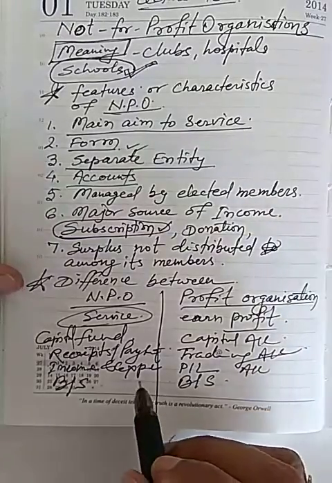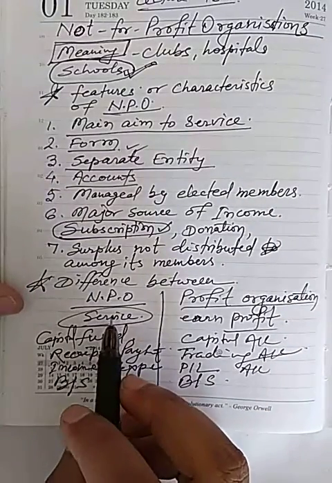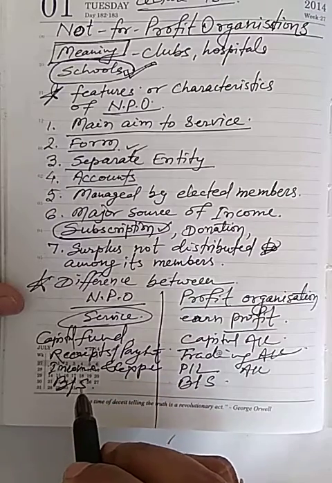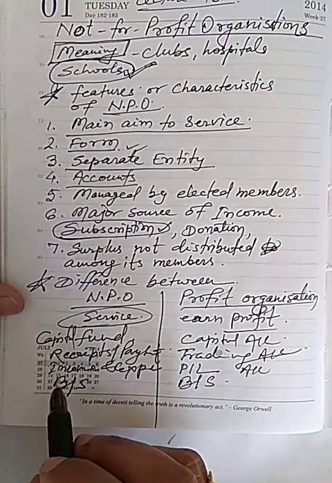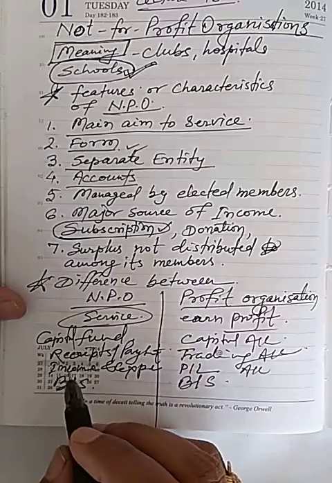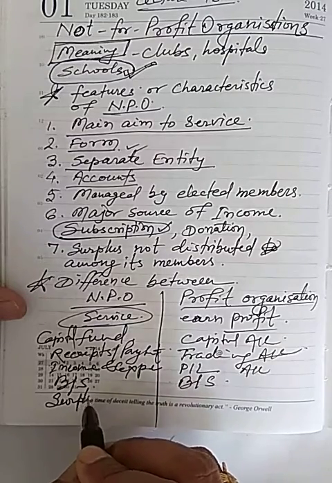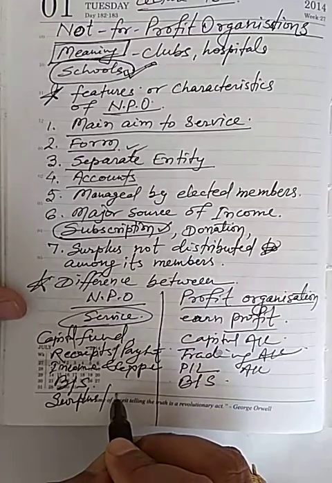Now the net result shown by income and expenditure account is either surplus or deficit.